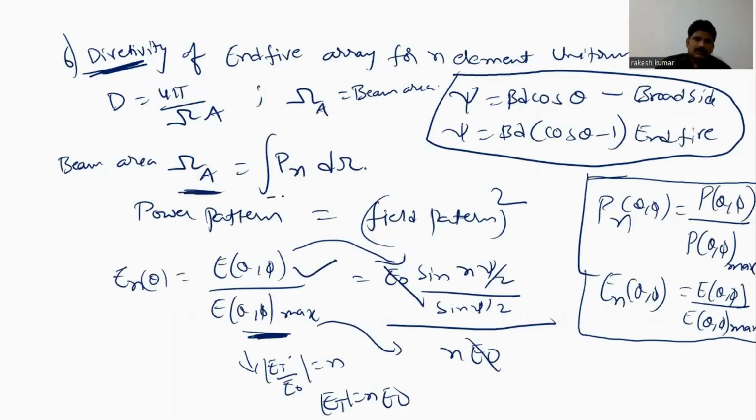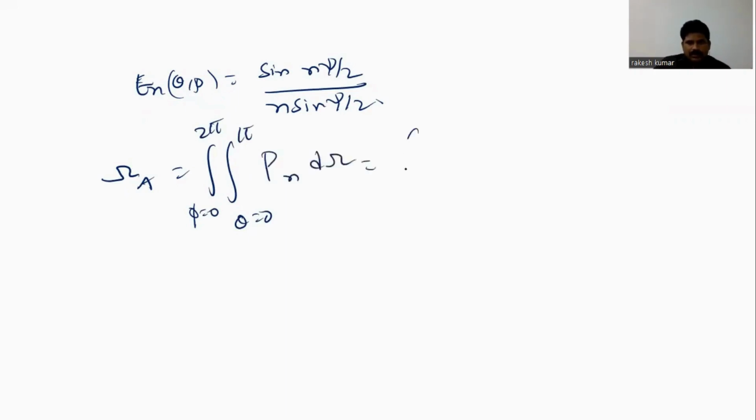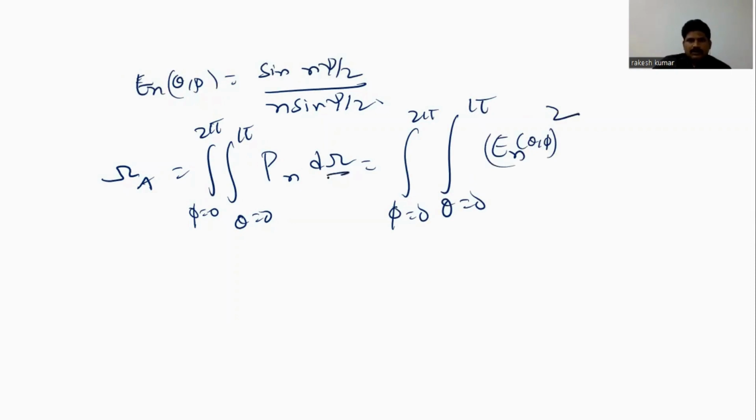Okay, now let us come to our derivation. Beam area is equal to the integral of P n into d omega. Therefore sigma A is equal to the double integral, phi ranges from 0 to 2 pi, theta ranges from 0 to pi, of n of theta comma phi whole square into, what is the value of d omega? The value is sine theta d theta d phi.